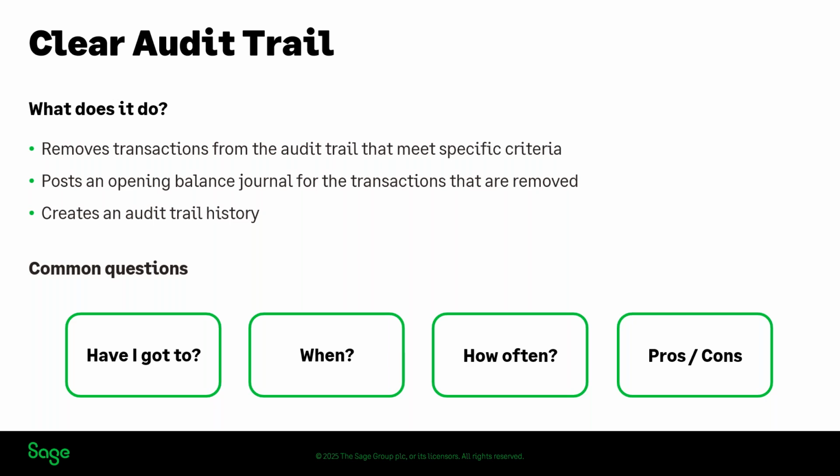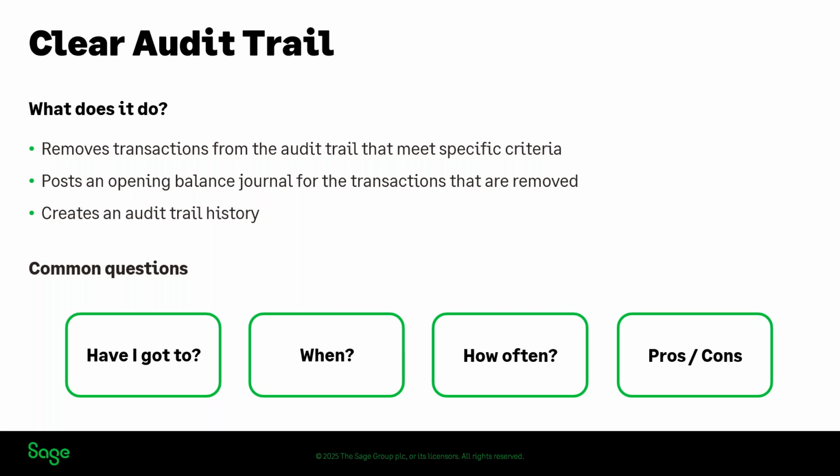Maybe some of you have already gone beyond that, some of you are approaching it and thinking, oh, I better clear the audit trail, because Michael said 250,000 was the limit. It's just a recommendation. Beyond that, ideally, you want to start clearing information down. It can affect performance, basically. So have you got to? No is the answer, but if you are approaching that limit, it is recommended.